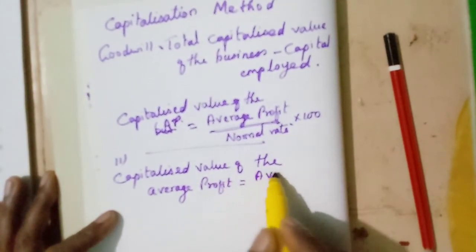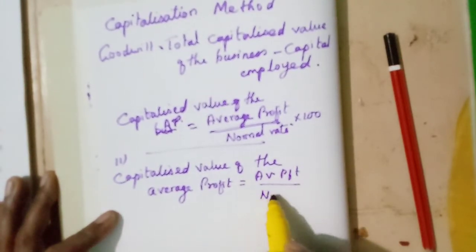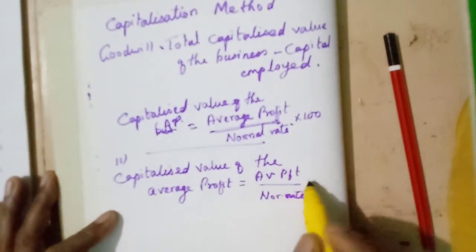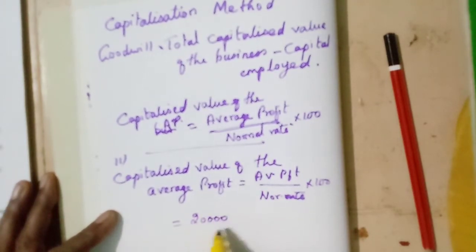Average profit divided by normal rate of return into 100. Average profit is 20,000 divided by normal rate of return 10% into 100. So 20,000 into 10, 2 lakh.